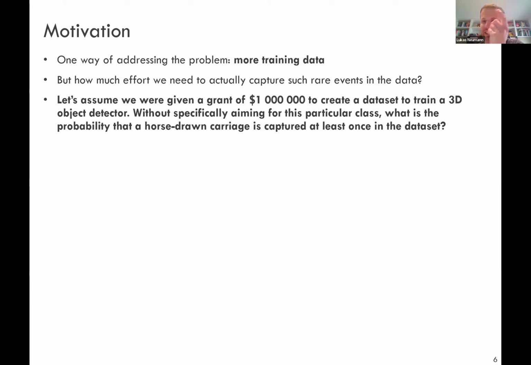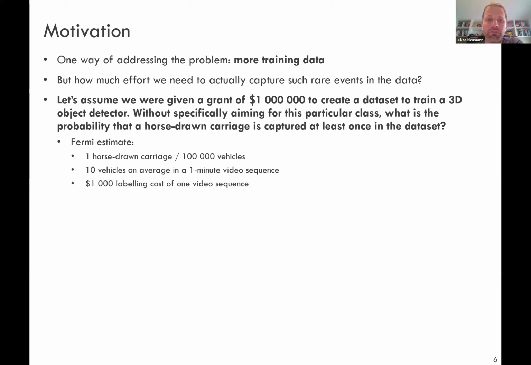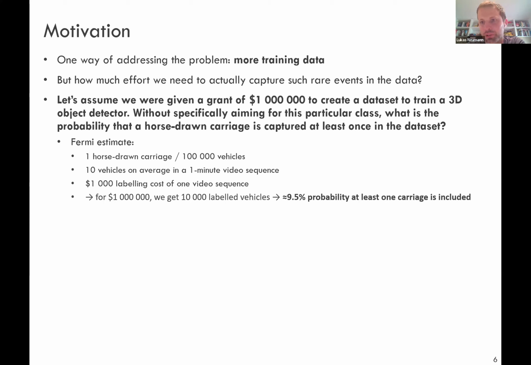If you do the math or estimation, we assume that we know the frequency, that's 1 in 100,000. We know how much there is in a video sequence, how many vehicles there are in a video sequence, and what is the rough labeling cost. You very quickly arrive at an estimate that there's only about a 10% probability that after you have spent $1 million, there is 1 horse carriage included.